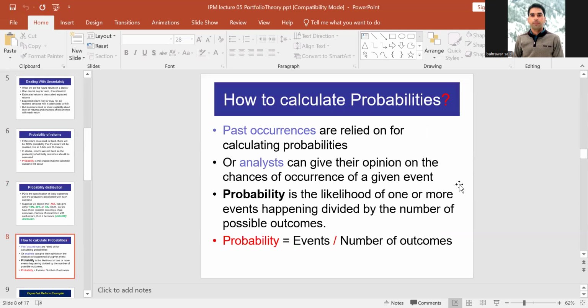So how to calculate probabilities? We have two types: historical data as well as expert opinion. Through historical data, we look at the past returns and we assign probabilities. With expert opinion, the proficient class of investors can provide us their opinion.